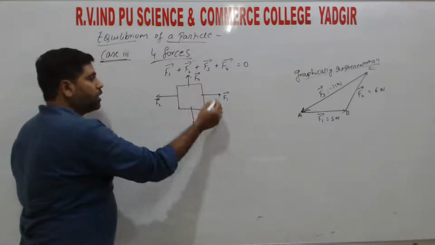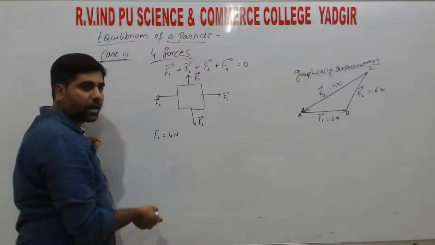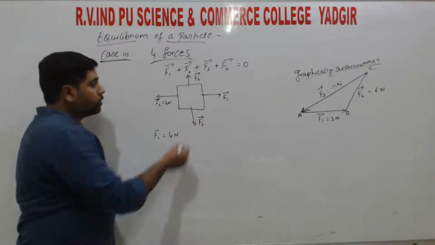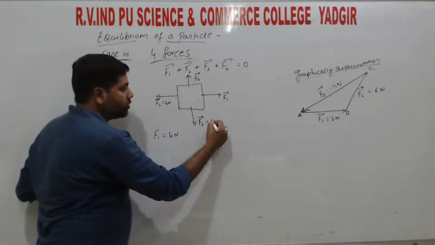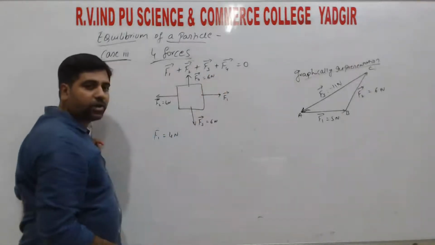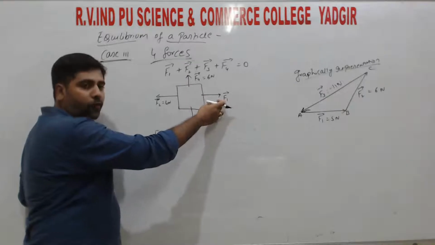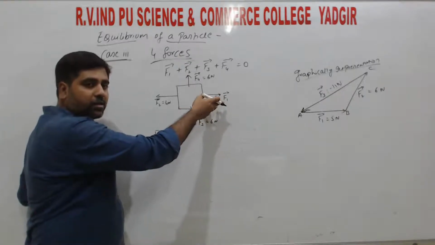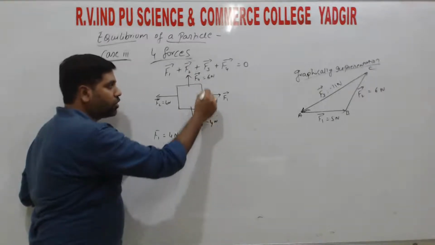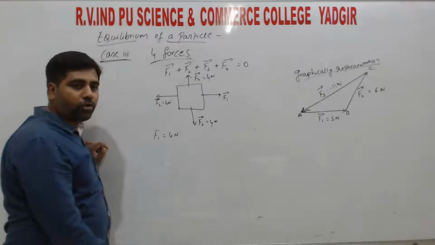So for example, F1 force is some 4 Newton, right? So automatically F2 is also equal to 4 Newton. If F3 is some 6 Newton, then F4 will act with the same magnitude 6 Newton, right? So that means 6 and 4, it is represented by the rectangle. Or again here F3 is acting 4 Newton, means F4 is also acting with 4 Newton, right?